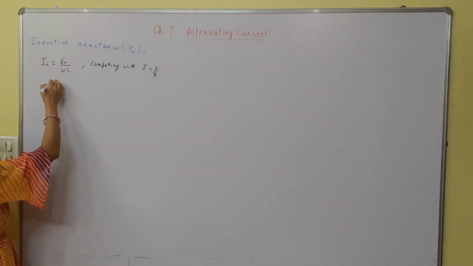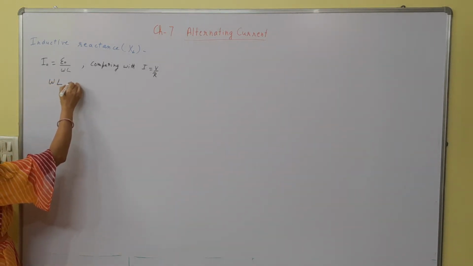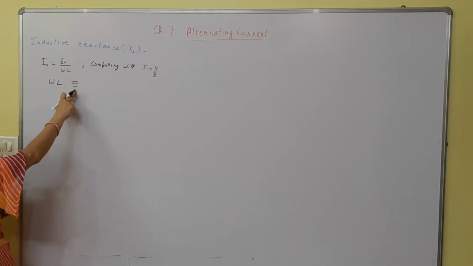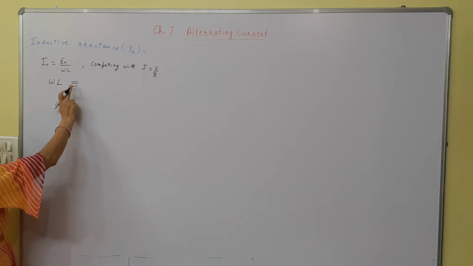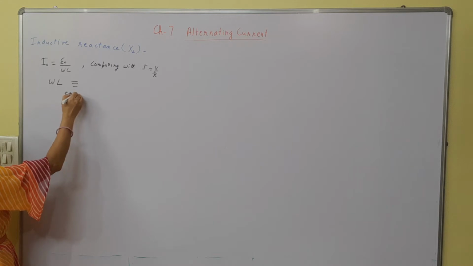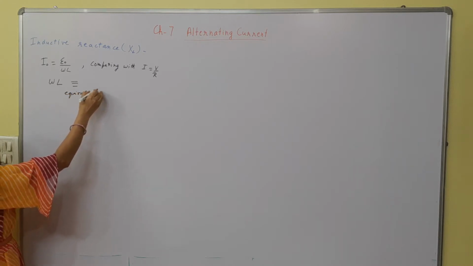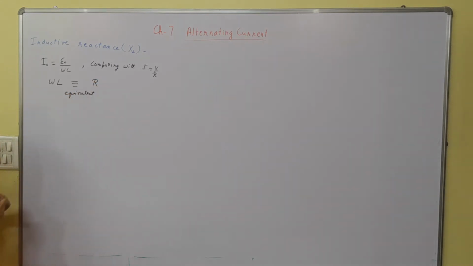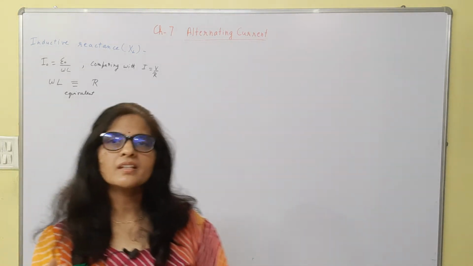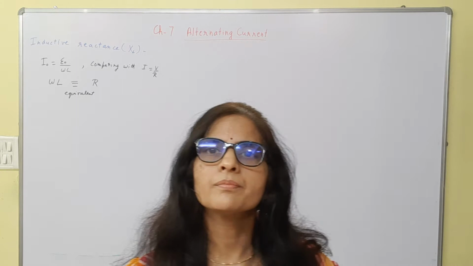We get that omega L is equivalent, I am not using the word equal to, I am using equivalent, to resistance here. So this quantity omega L must behave in the same way as the resistor does.